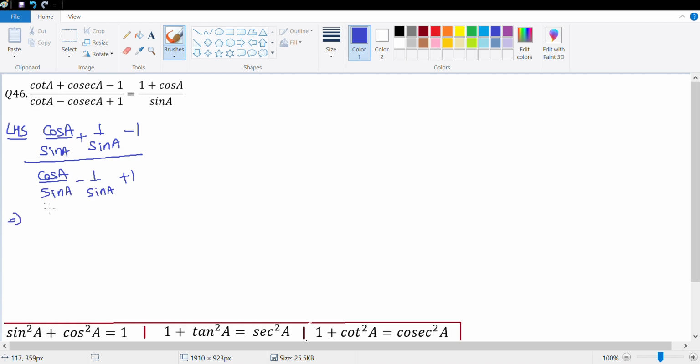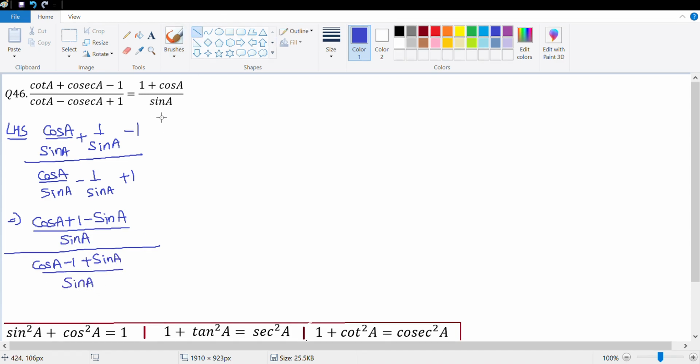Similarly, add them in the denominator. So my numerator becomes cos A plus 1 minus sine A upon sine A, and the denominator becomes cos A minus 1 plus sine A upon sine A.